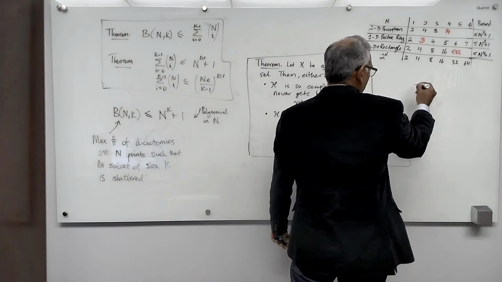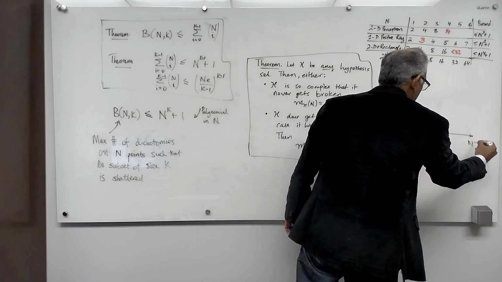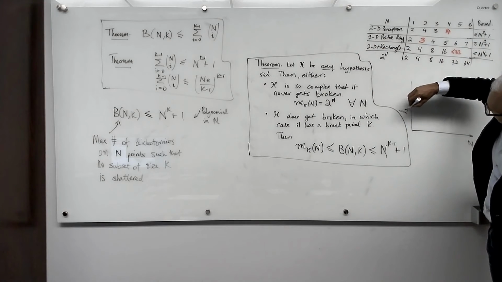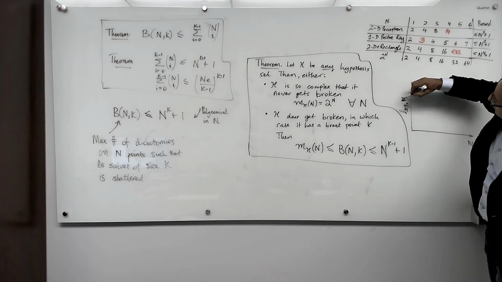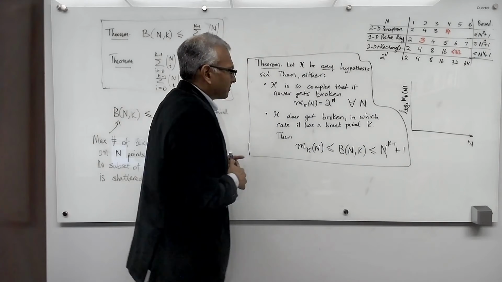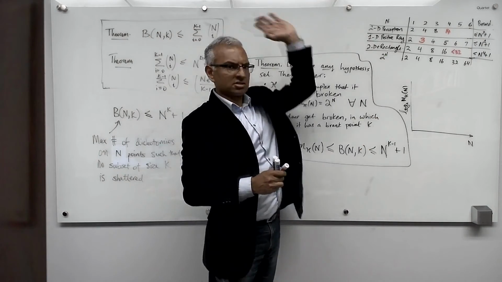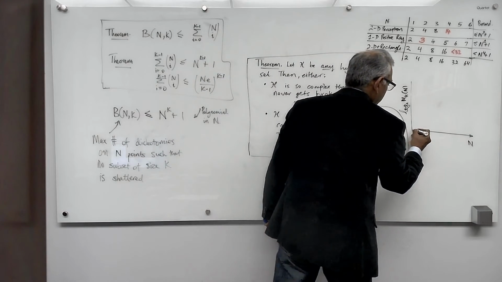If I plot n on this axis, and on this axis the log base 2 of m sub h of n, so that this exponential is not just exploding, then the log of this is n.